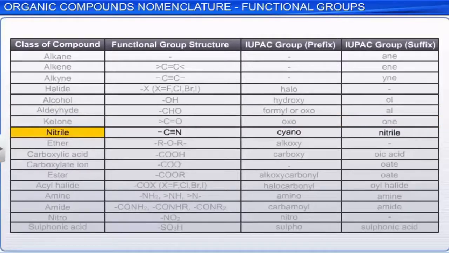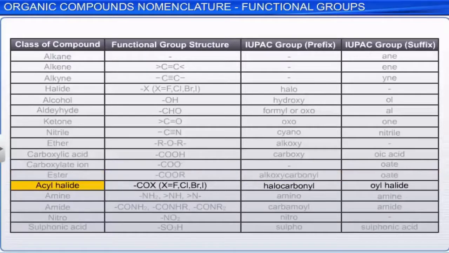The nitrile group prefix is cyano and the suffix is nitrile. The ether group prefix is alkoxy. The carboxylic acid group prefix is carboxy and the suffix is oic acid. The carboxylate ion group suffix is oate. The ester group prefix is alkoxycarbonyl and the suffix is oate.